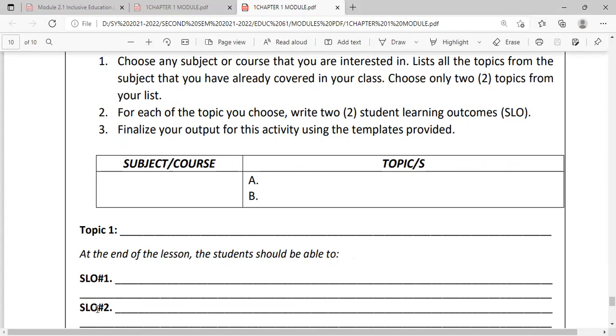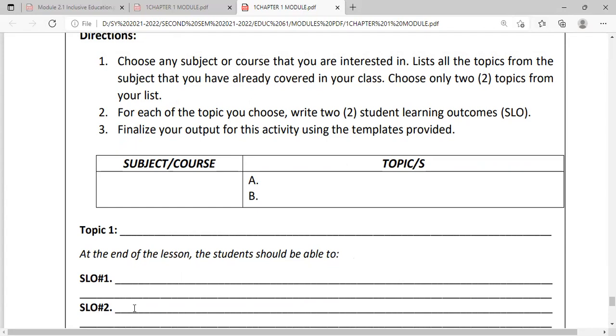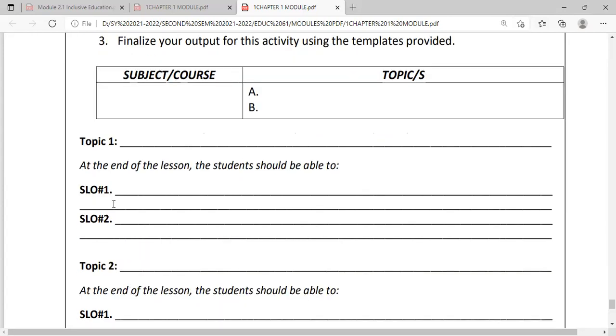Then in the second, the student should be able to, so you go directly to the verb here. The student should be able to prepare different pastry products. So we are using cognitive on the SLO1 and we are using psychomotor on the SLO2.